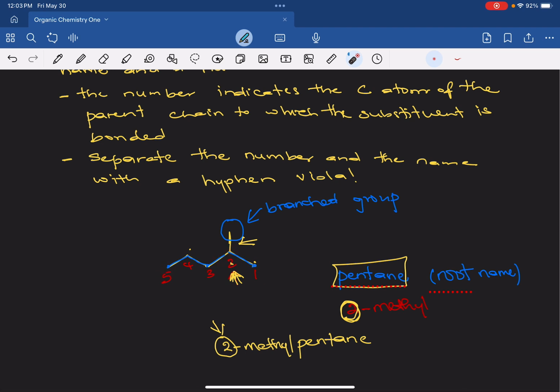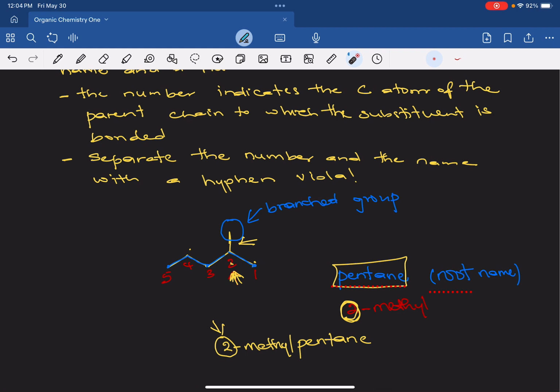The number here tells you where in the longest chain of your 5 carbons the methyl group is: the 2 tells me that on carbon number 2 is where the methyl group is. That's literally how you name a branch chain alkane that has only one substituent. Find the longest chain first, number left to right or right to left, whichever gives you the lower number, and take it from there.